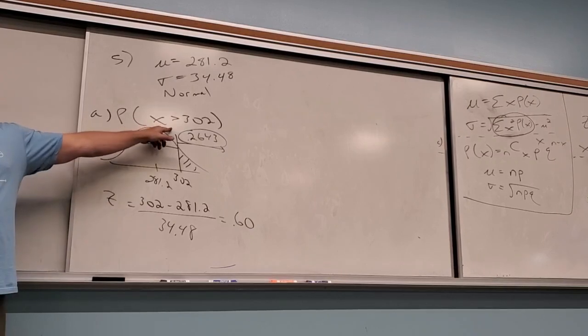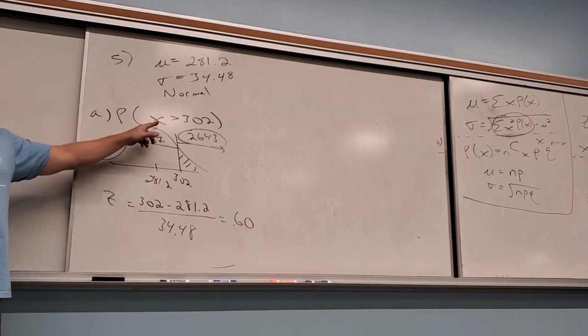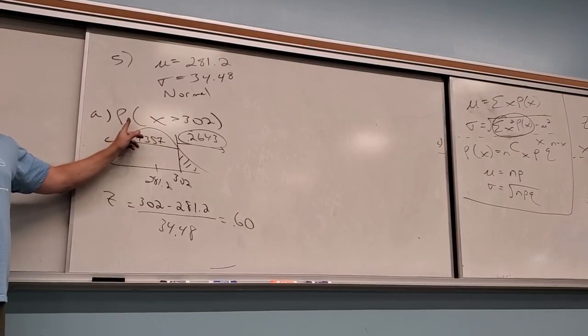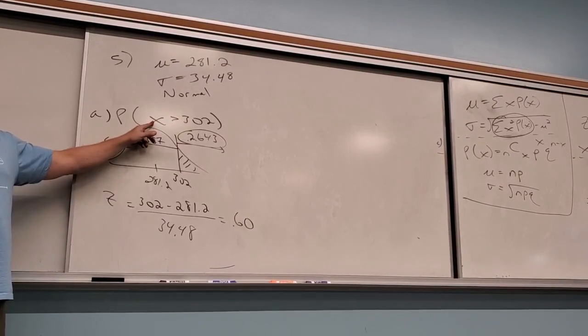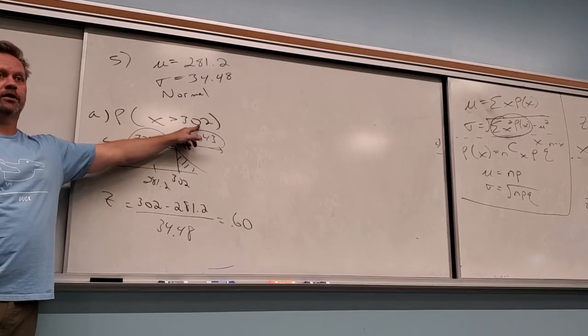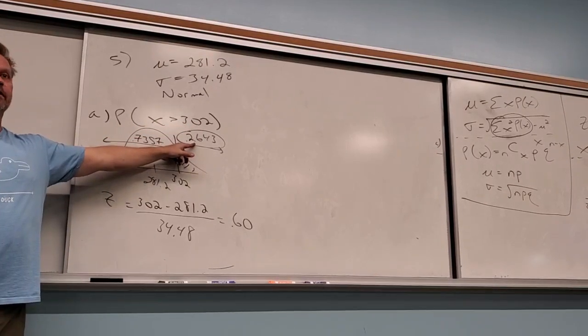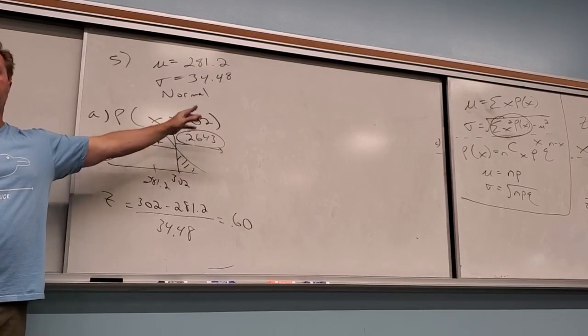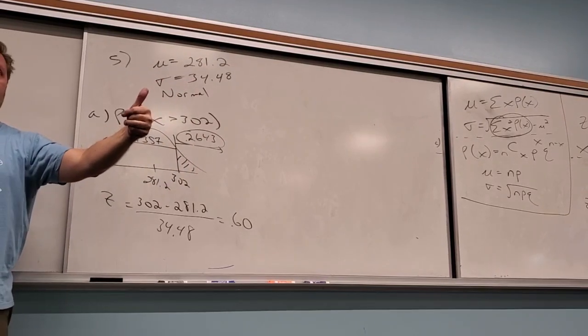What's the question? The probability that a house I pick makes more than 302 pounds of trash. So one way to interpret this is, there's a 26.43% chance that a house will generate more than 302 pounds of trash a week, right?